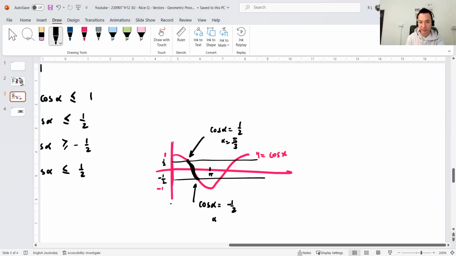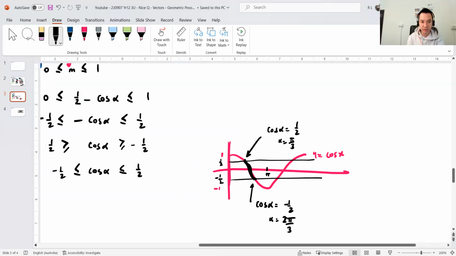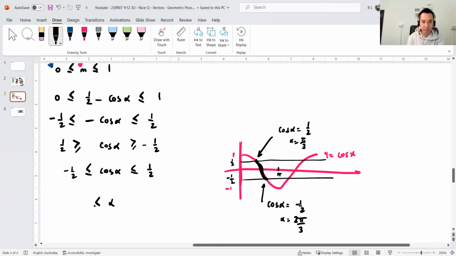Now, normally with the CAST diagram you should get two answers, like 180 minus 60 and 180 plus 60, but I don't want it bigger than 180, so it's just 180 minus 60, so 120, that's 2 pi on 3. So for this answer, therefore alpha is between pi on 3, 60 degrees, and 120. It needs to be within this range, between a half and negative half and less than 180. So that's my answer.